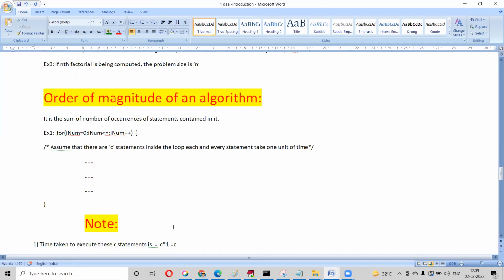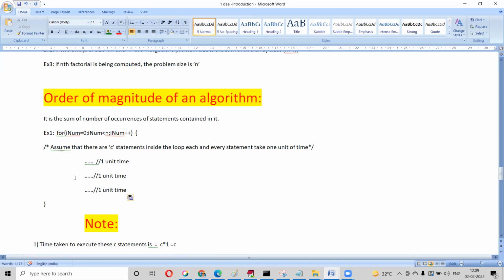The first statement takes 1 unit, the second also takes 1 unit, and similarly we have C statements in total. So C into 1 in total.